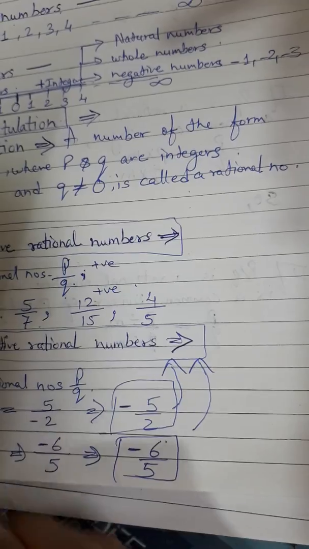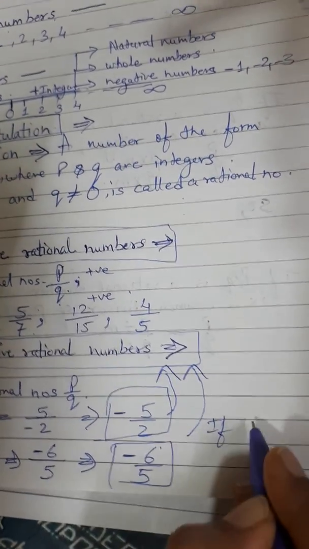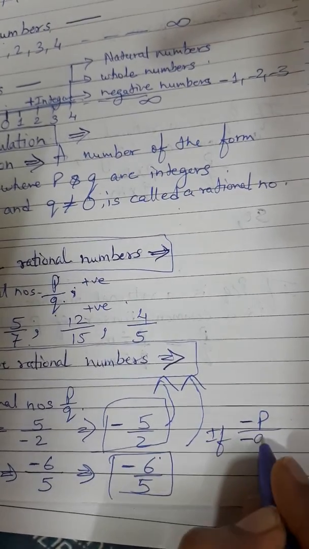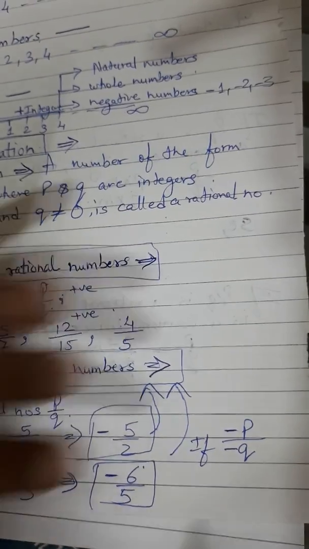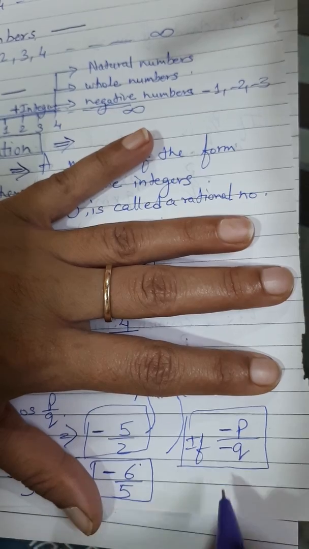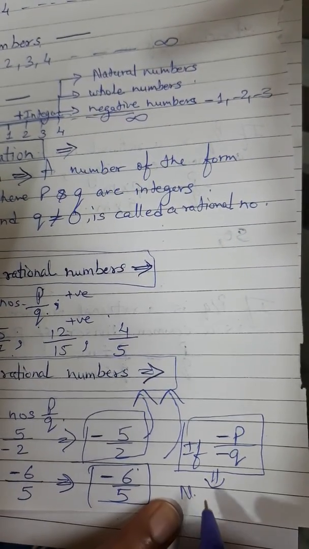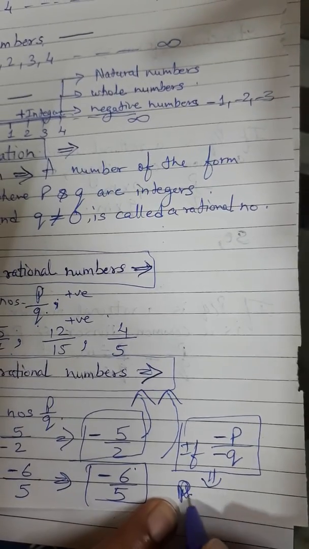But if both are negative, minus p upon minus q, then it will never be a negative rational number.